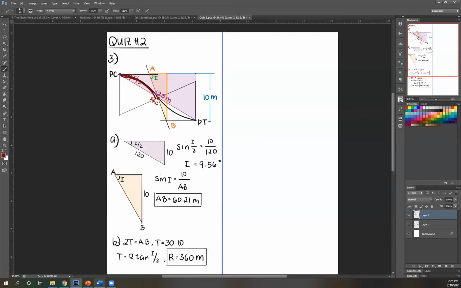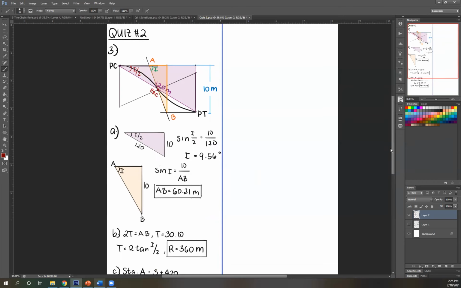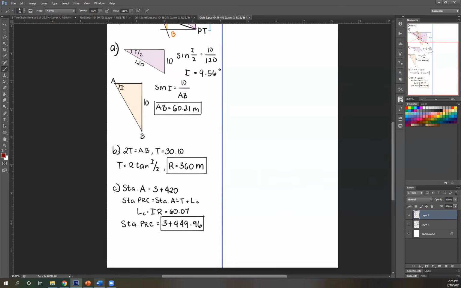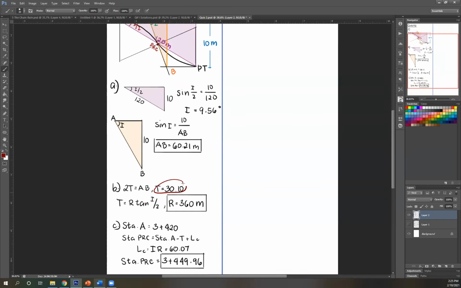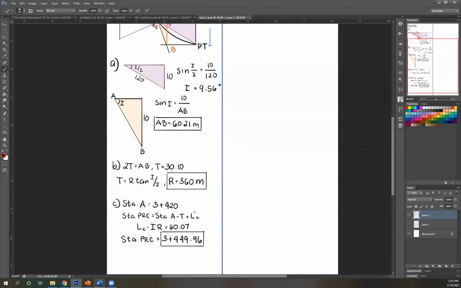This arc length is actually the length of curve of your simple curve 1. Let's write that. So T we've already solved for. It's 30.10. Now I need to know LC, length of curve. Again, length of curve is different from long chord. And length of curve was an equation of IR.